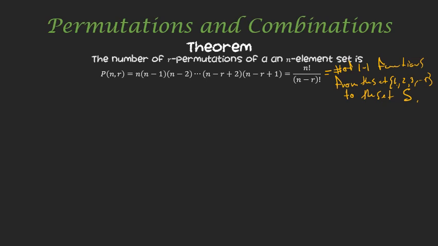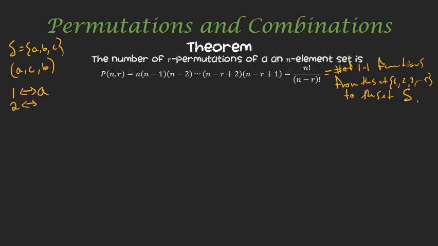So why are these the same thing as one-to-one functions? Because that's really what an ordering is, right? If I have a set like A, B, and C, and I give a permutation of this, for example A, C, B, I can associate with this a one-to-one function from the set 1, 2, 3 to the set A, B, C. That would look like 1 to A, so I put A in the first place.